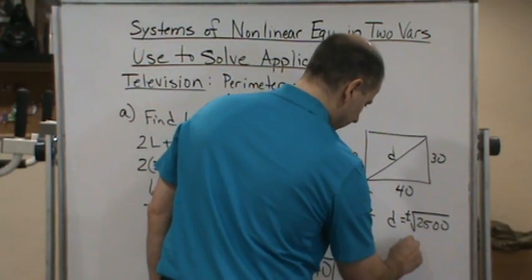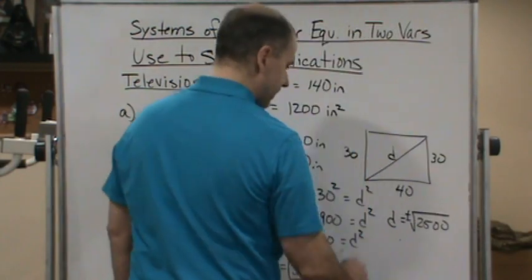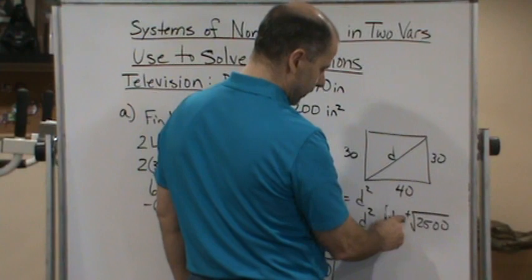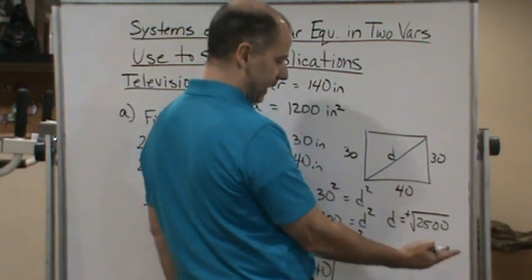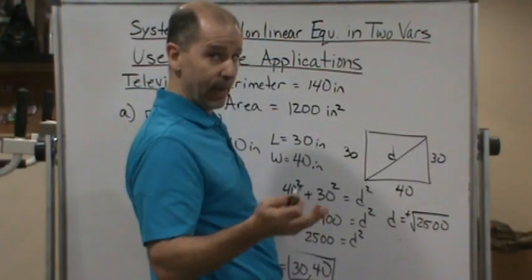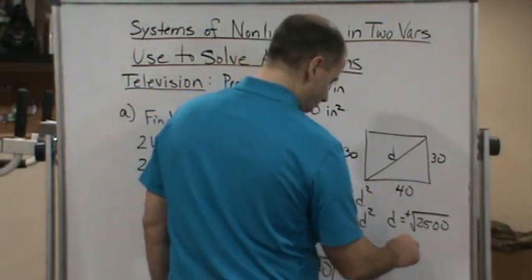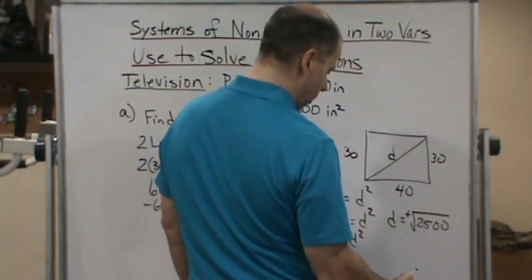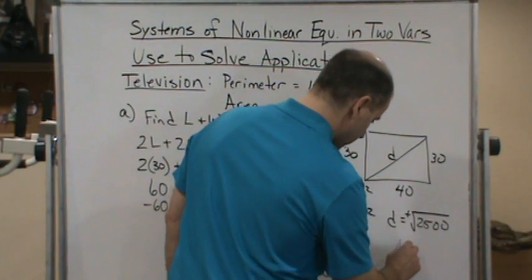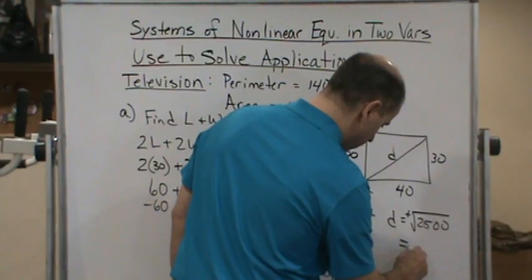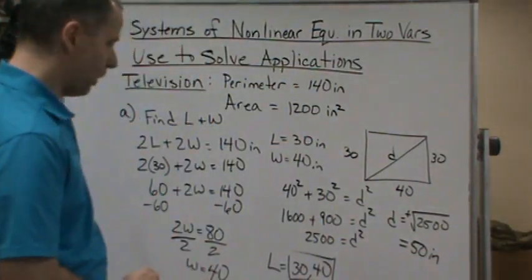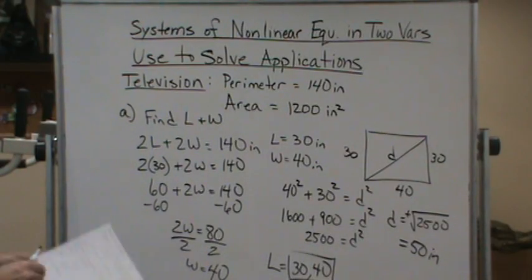In this case, we're talking about the diagonal of a screen, so we can ignore the negative sign because the length can't be negative. So the diagonal is going to equal 50 inches, because the square root of 2,500 is 50.